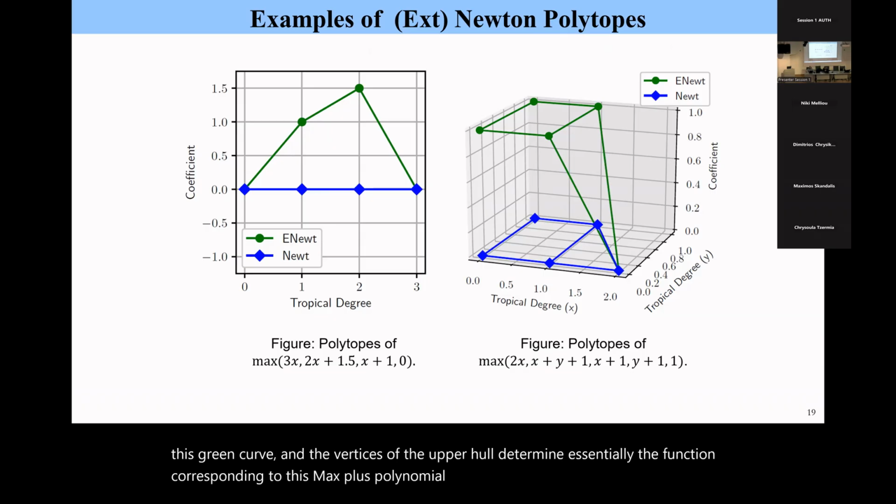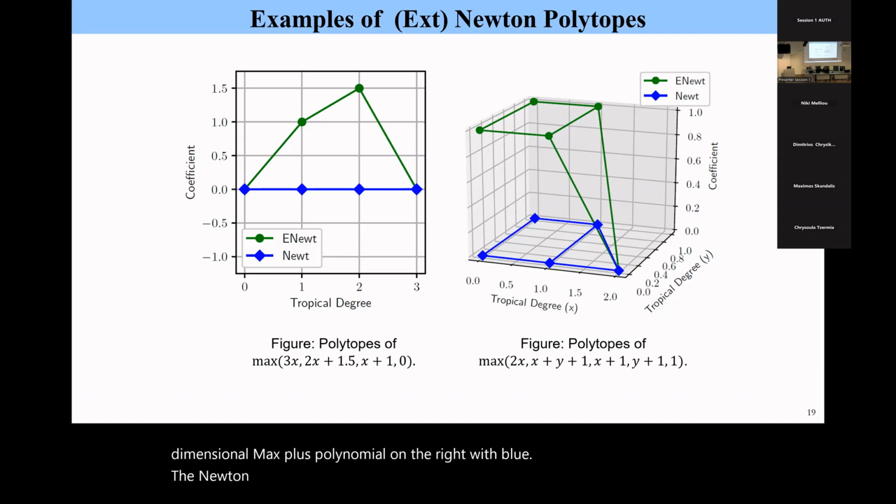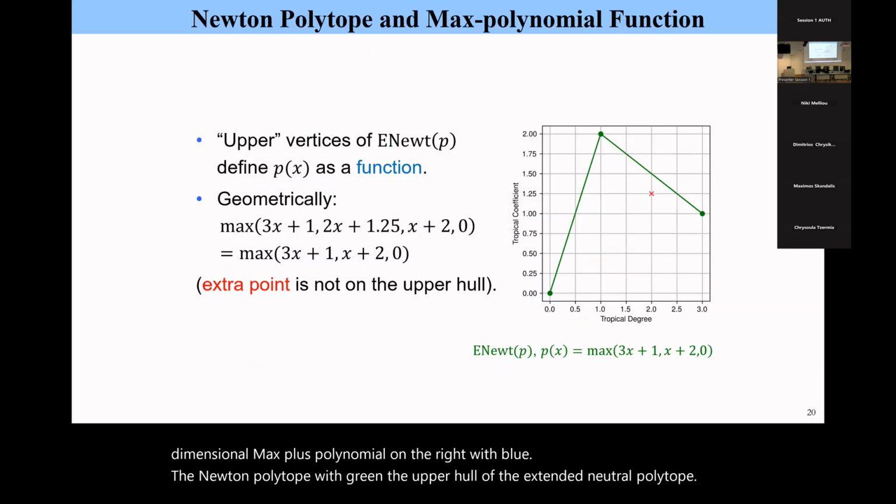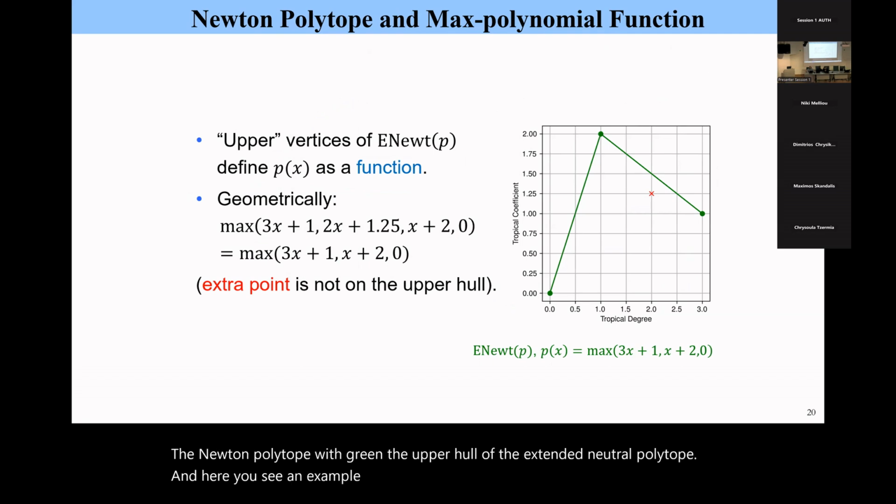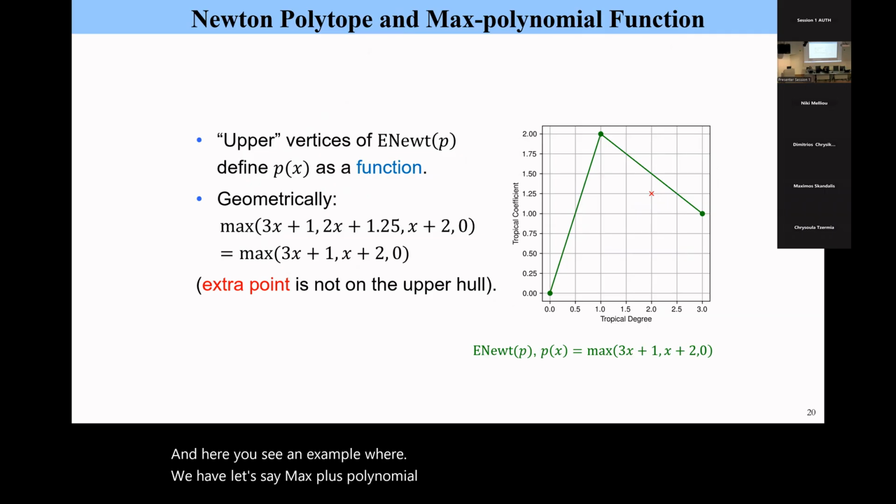Same idea in 2D, where you see a two-dimensional max-plus polynomial on the right, with blue the Newton polytope, with green the upper hull of the extended Newton polytope. And here you see an example where we have a max-plus polynomial that in the beginning shows up as consisting of four terms, but actually one of them is below the upper hull of the extended Newton polytope.